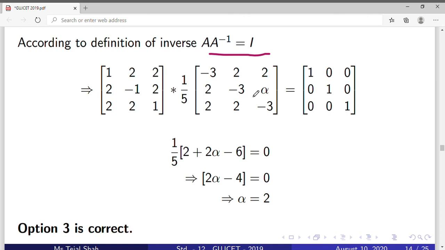Here 2 into alpha, plus 2 alpha. Here 2 into minus 3, so minus 6. This 1 by 5 as it is equals the first row, third column element. So here equate to the first row, third column element. After solving this, what do we get? Alpha is equal to 2. So option 3 is the correct option.